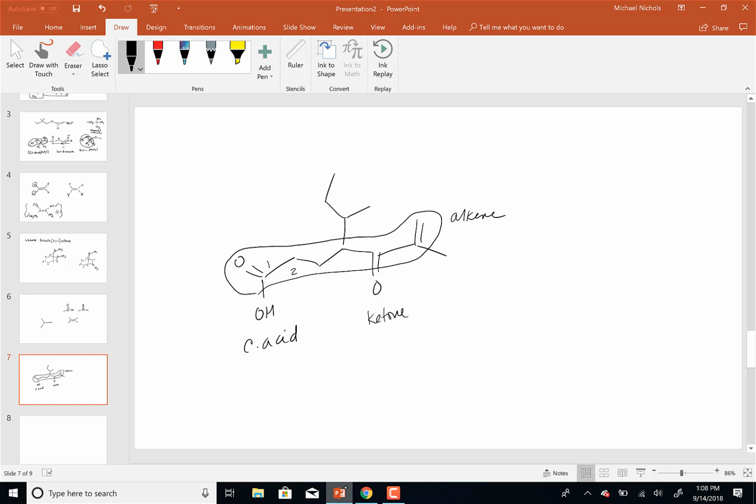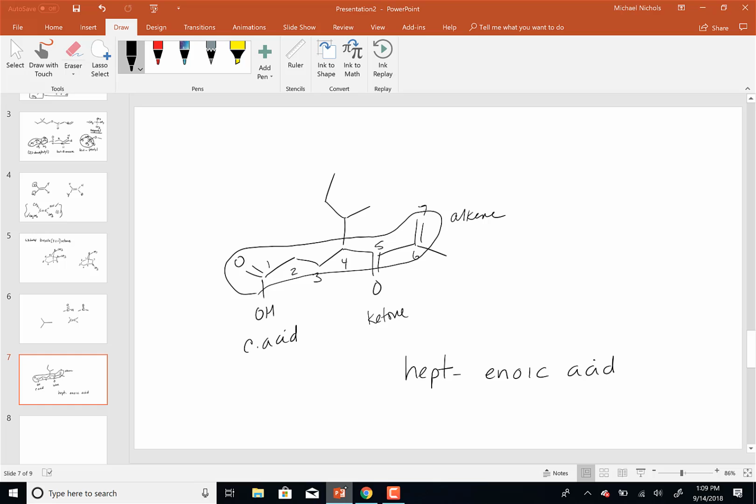So carbon 1, 2, 3, 4, 5, 6, and 7. So this is going to be a heptene oic acid.